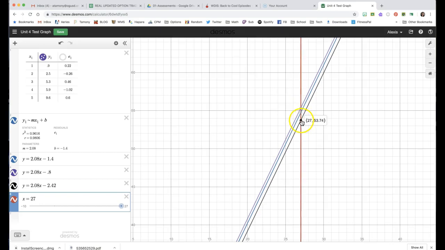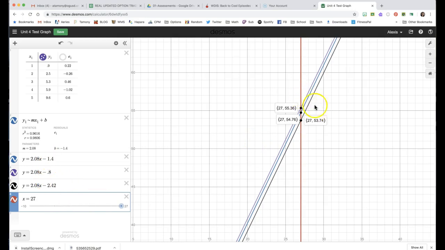My lower bound is 53.74. So now we have a range of 53.74 to 55.36 with a predicted value of 54.76 if the input is 27. That's how you use these equations.